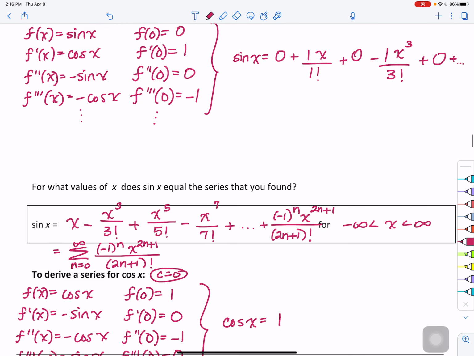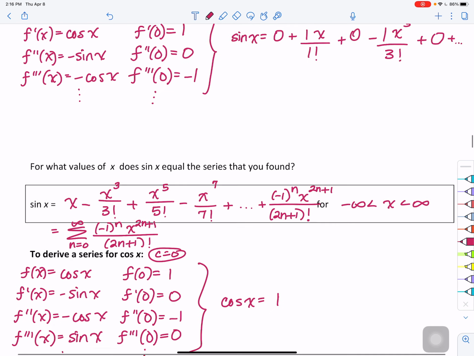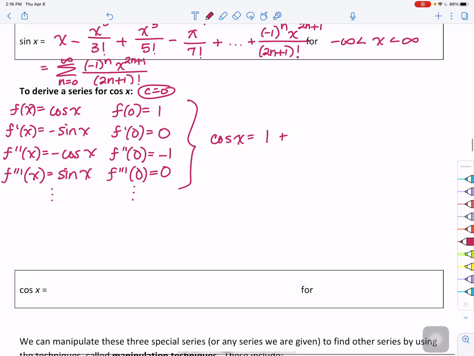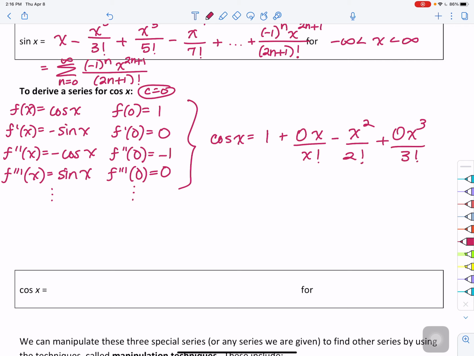That's what we did here when we grabbed that 0. 1 plus 0x divided by 1 factorial minus x squared over 2 factorial plus 0x cubed over 3 factorial, and then we would have plus x to the 4th over 4 factorial.